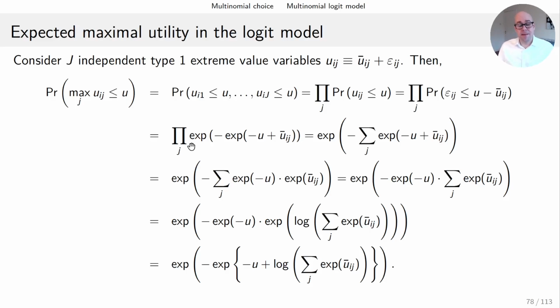We have seen that before when we discussed the binary logit model. That CDF is the exponential function evaluated at minus the exponential function evaluated at the argument, minus u plus u bar. And now what follows is simply tricks related to the exponential function.